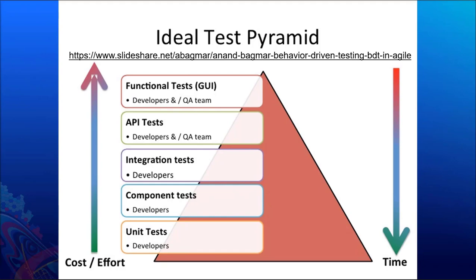As we get up the stack of the pyramid here, we ultimately come into functional tests. This is usually done with the full user interface, and these tests are usually more fragile and costly. Jackie will show us today how we can use Selenium on the functional testing side to hopefully reduce some of those costs and complexity, but know that if tests are going to break, these are the ones that are most likely going to, but there can be some great benefits to having them.